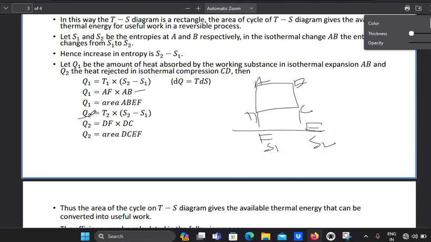And similarly Q2, for isothermal compression. Here dQ is equal to the same formula, which I am implementing: heat energy is equal to temperature into change in entropy.